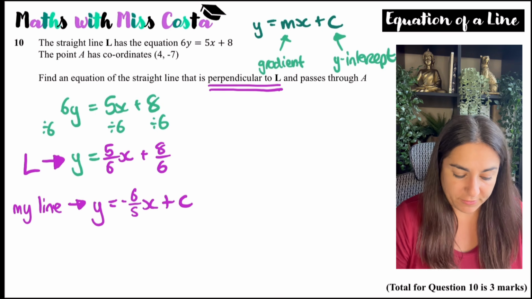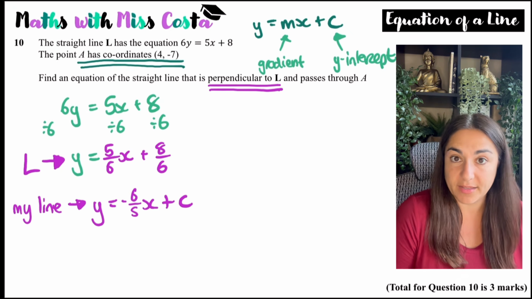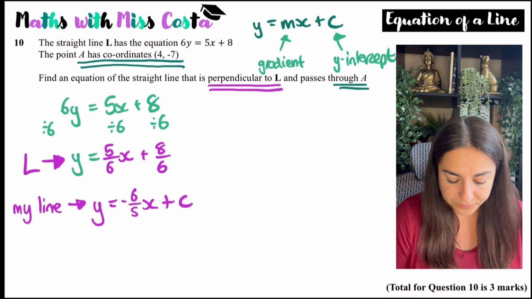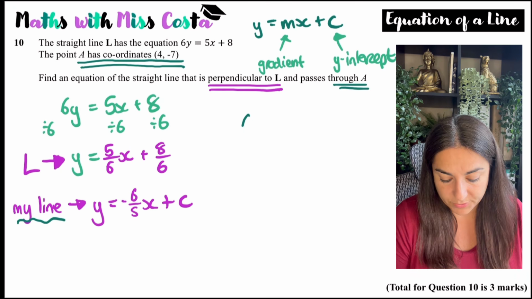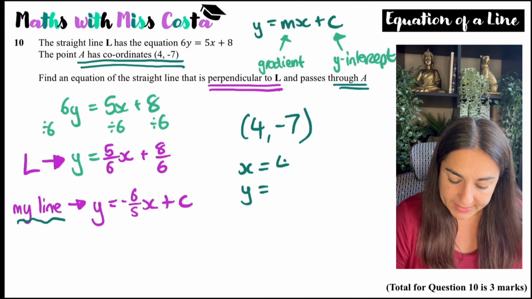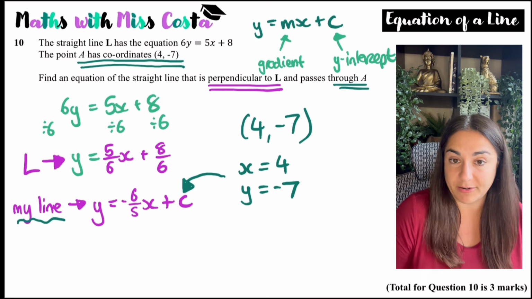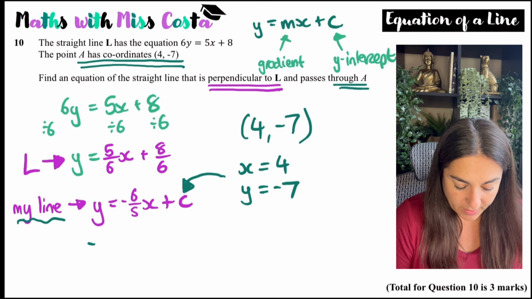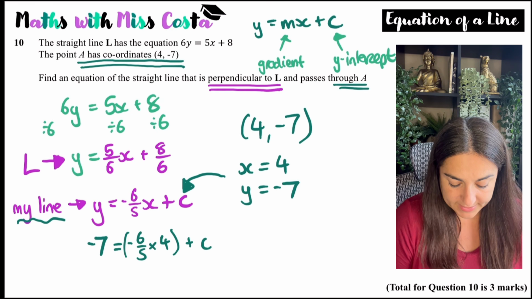Now I've been given another piece of information, which is that the point A has coordinates 4, -7, and I need to figure out the equation of the line that goes through point A. So this line is going to go through point A, which means I know one of the coordinates on my line. When x is 4, y is -7. I can substitute that into my line to figure out what c must be. So y is -7, which equals -6/5 times 4, and that's going to tell me what c is.